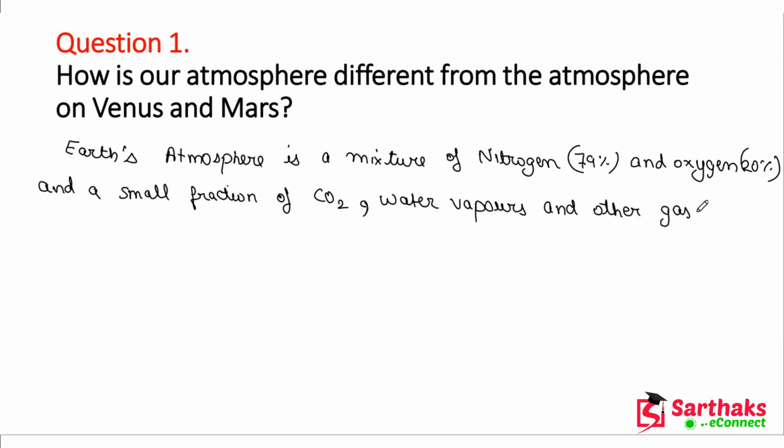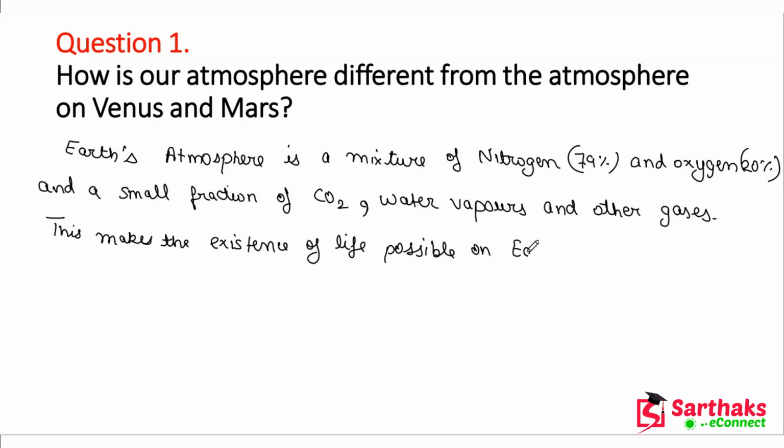Because oxygen and nitrogen are present in the atmosphere, this makes the existence of life possible on Earth.